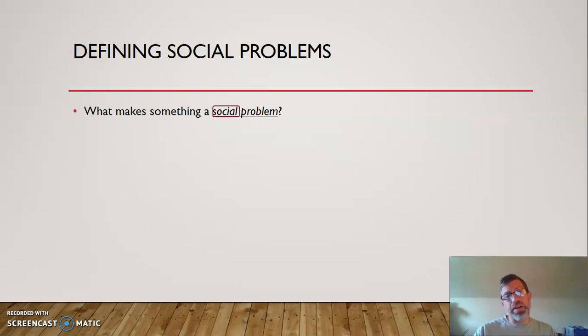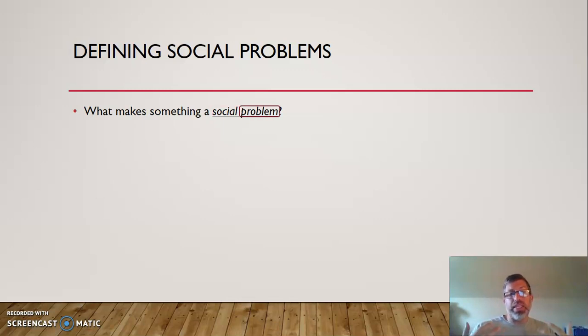The first is to think about this as a social phenomenon, that it's rooted not in particular issues related to individuals, personalities, psychologies, individual kinds of actions, but that a social problem can be understood by looking only at society, that the root of the problem itself is in the way that society is organized. We'll come back to that in a moment.